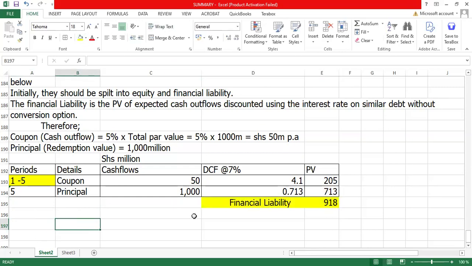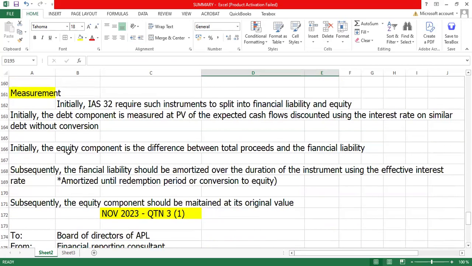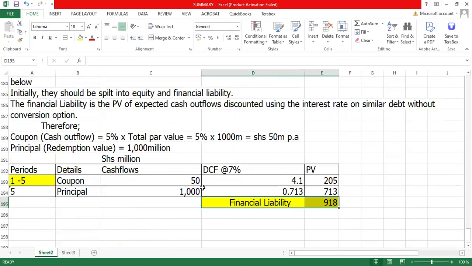Now, once you get the financial liability, we said that initially the equity component is the difference between the total proceeds and the financial liability.